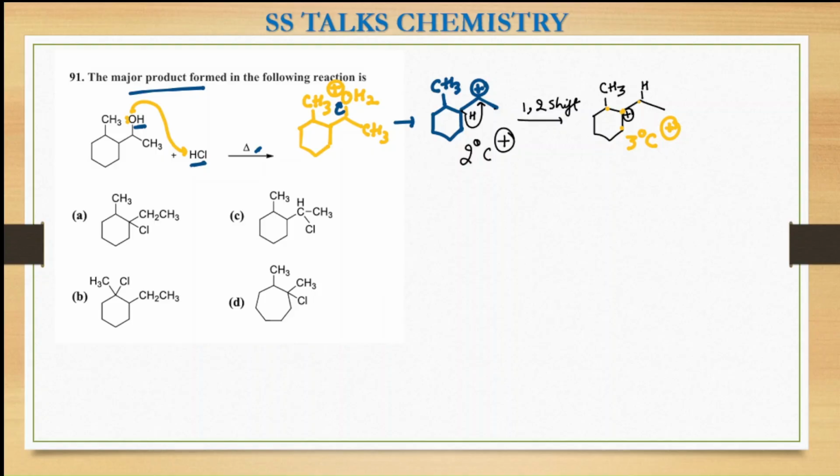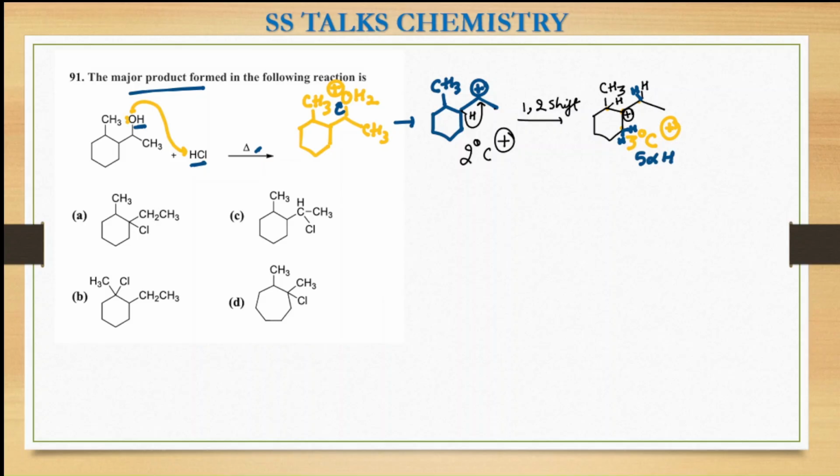Right. Next, further you can see here is again the presence of this hydrogen atom. Further rearrangement is possible, because if you see how many hyperconjugating hydrogen atoms are present. So here it is 1, 2. This is 3 and 4, and this is 5. So 5 alpha H we are getting at this particular site.